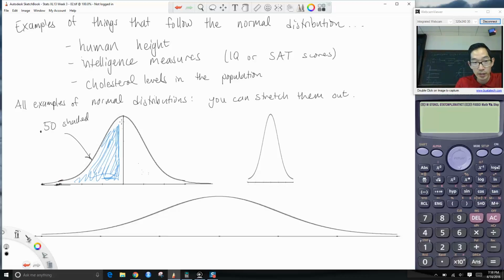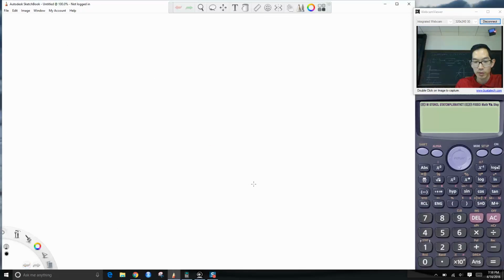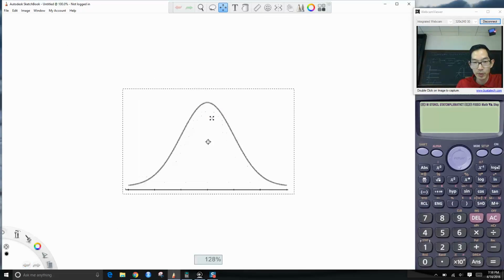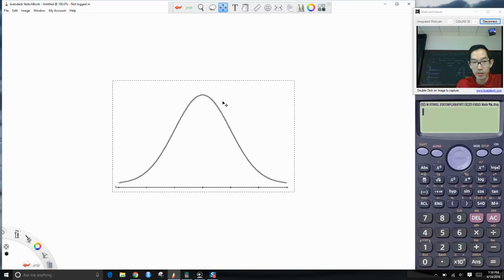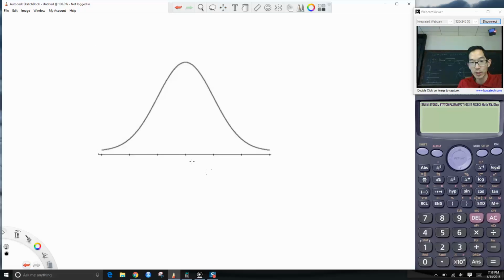We have our reference table, and what this tells us is how much we have shaded if we mark off places on the normal distribution here. So let me just blow this one up. This is our prime example here.